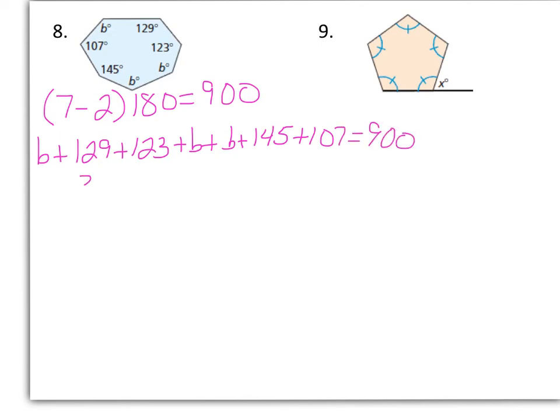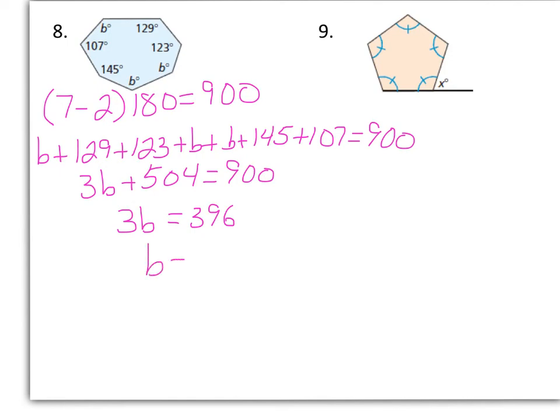Combining like terms, we have 3b plus 504 equals 900. Subtract the 504, so 3b equals 396. So that tells us each of the b angles are 132 degrees.